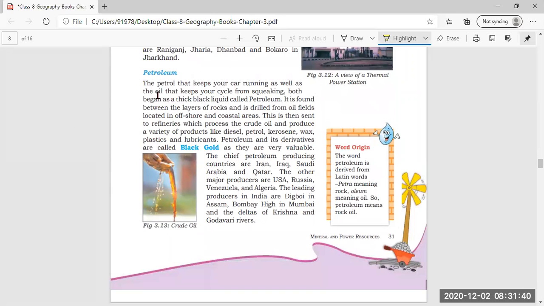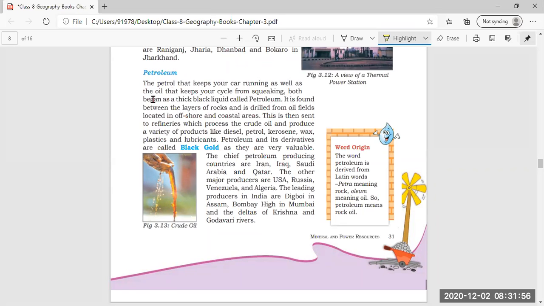Now, next is petroleum. The petrol that keeps your car running, as well as the oil that keeps your cycle from squealing, both begin as a thick black liquid called petroleum.